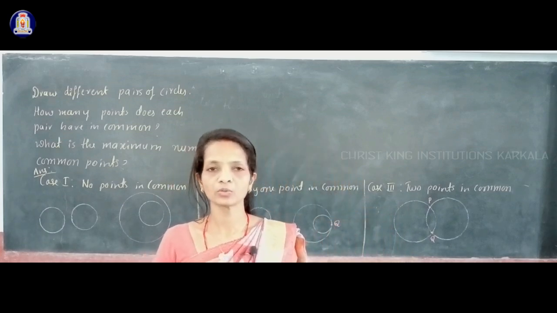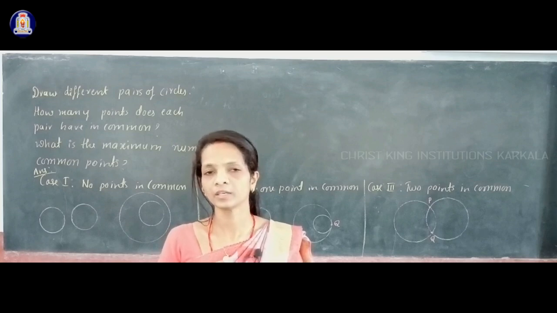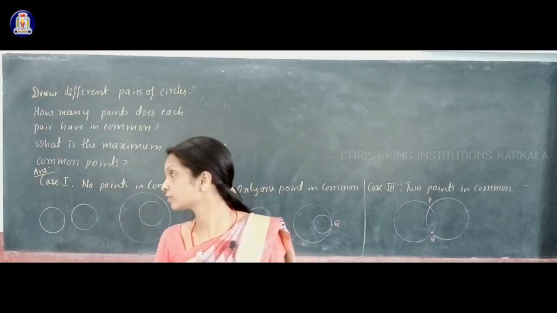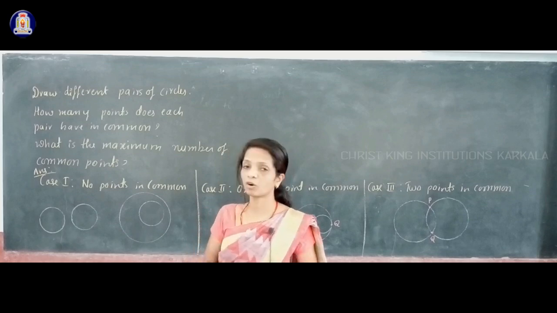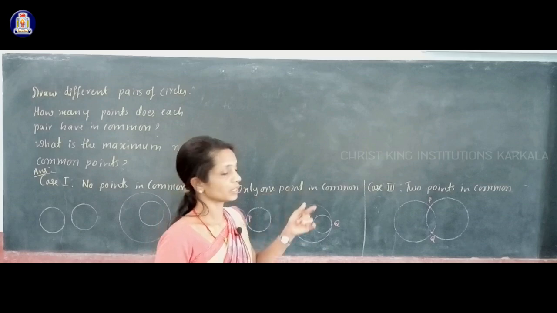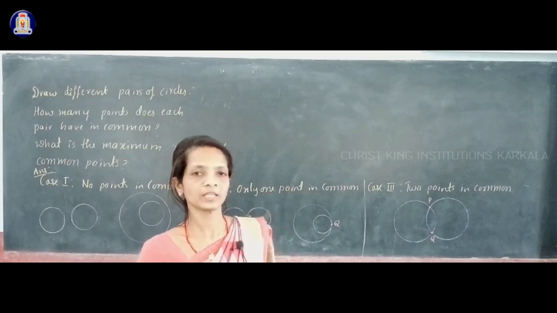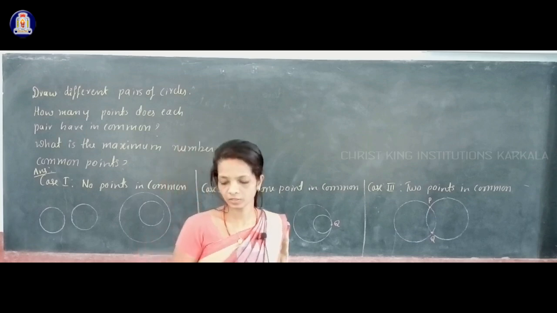The answer to the last question, what is the maximum number of points in common, is that by observing these 3 cases, the maximum number of points in common is 2 for a given pair of circles.